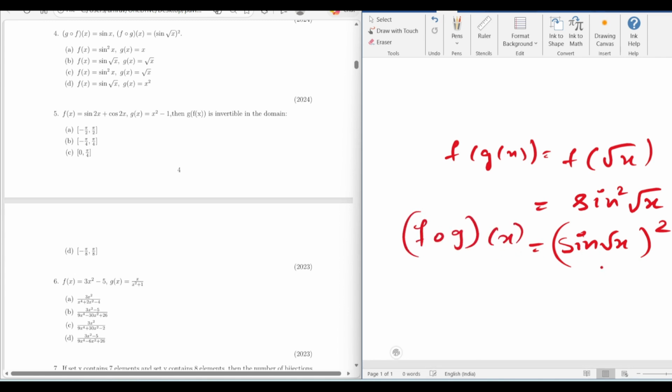So from this you can conclude that option C is the correct answer. So you can mark option C as the correct answer. So now let us move on to the next question.